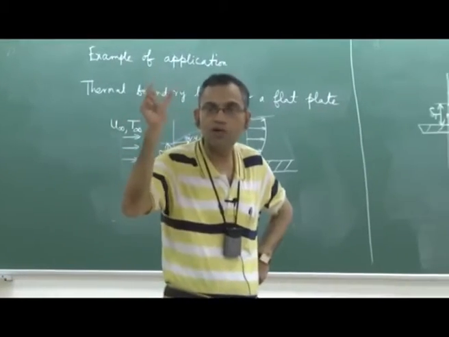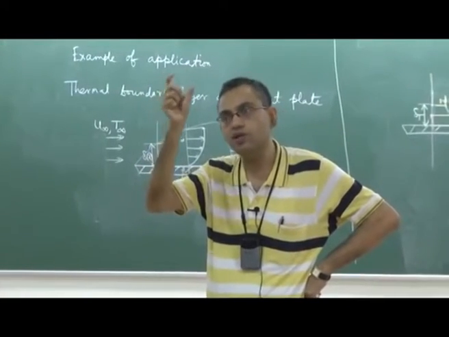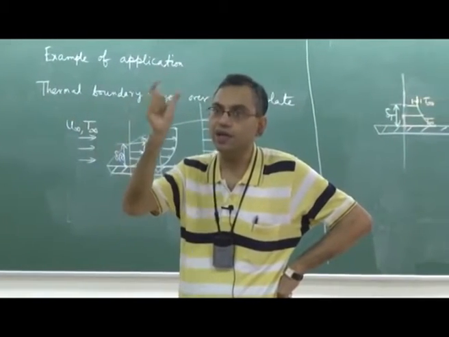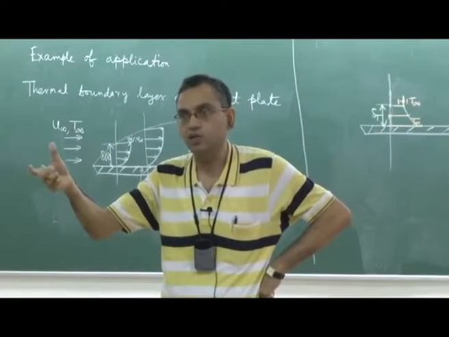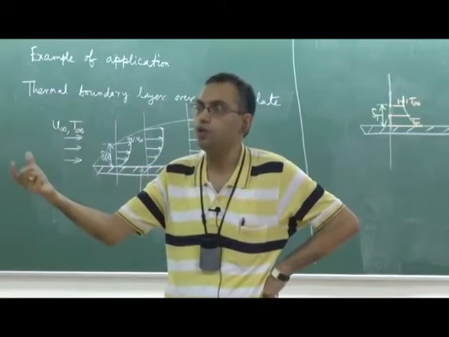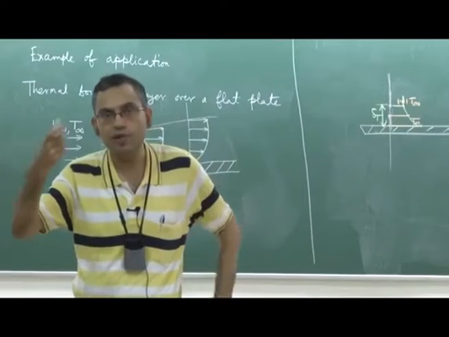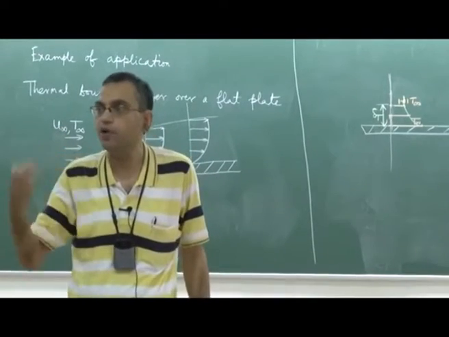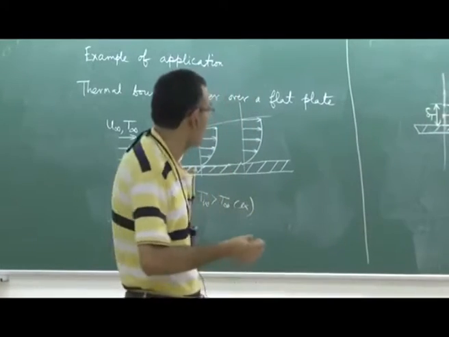So, now you have two boundary layers. In fluid mechanics we have just one boundary layer, so we talk about the boundary layer. In heat transfer we have hydrodynamic boundary layer and thermal boundary layer. So, we have to distinguish these two by using these two different terminologies. The boundary layer in fluid mechanics, what we discussed, from now onward we will say hydrodynamic boundary layer, and the heat transfer boundary layer is thermal boundary layer.